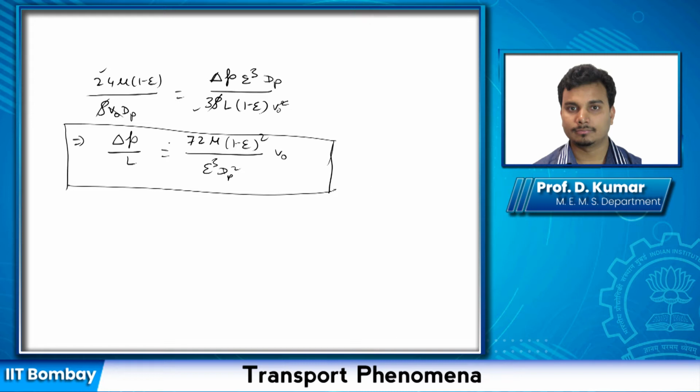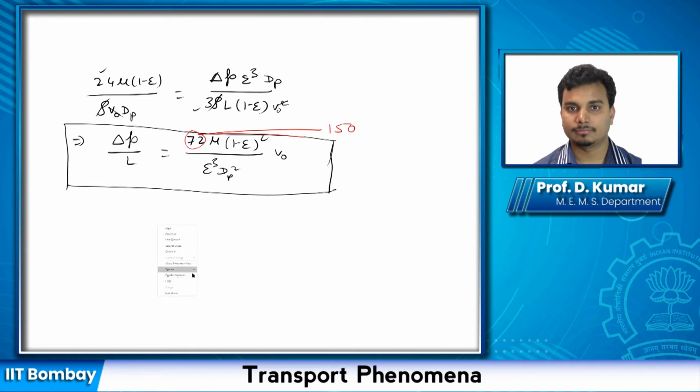The only thing is, a lot of experiments have been done on packed beds. So the only thing that changes is this coefficient. Experimentally, people have seen that instead of 72, this is 150.